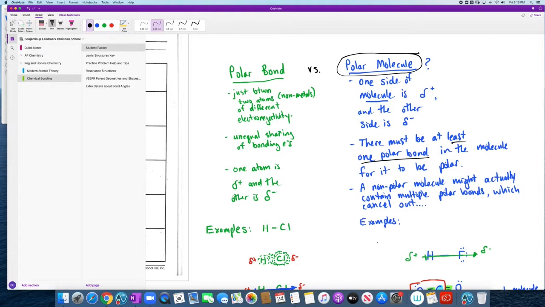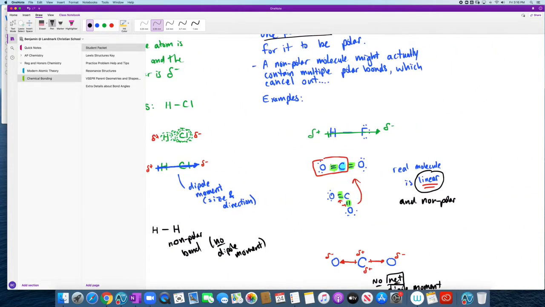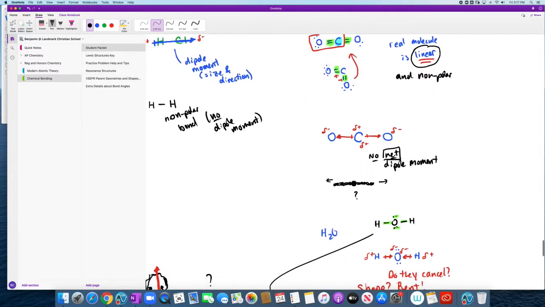However, even if you have polar bonds, there are some molecules where polar bonds cancel out, and that's when you have them pulling in opposite directions. So in a linear molecule like carbon dioxide, those two polar bonds cancel out and you get no net dipole moment.